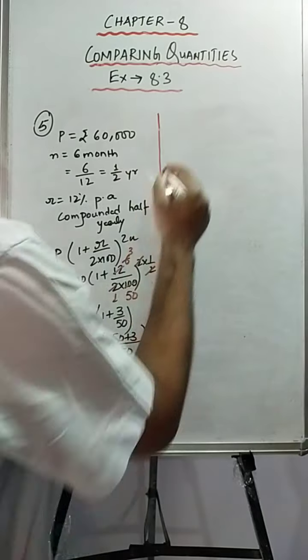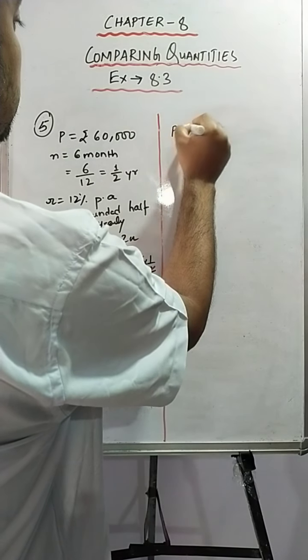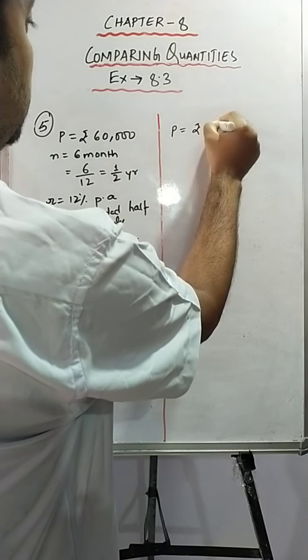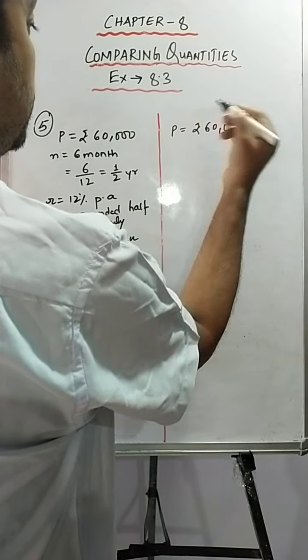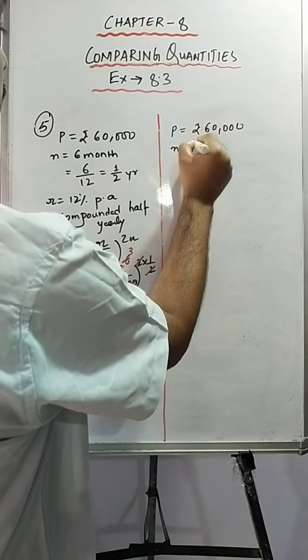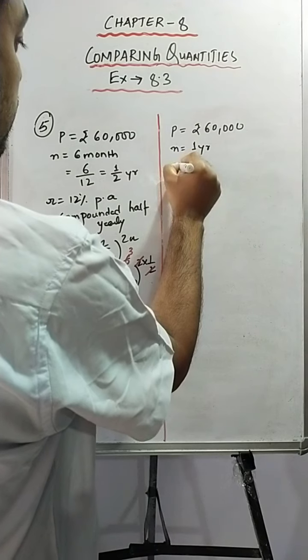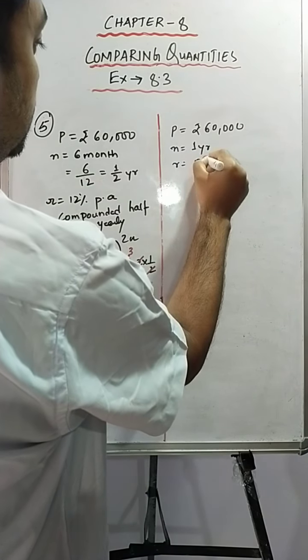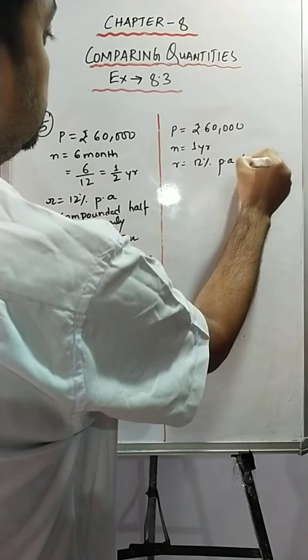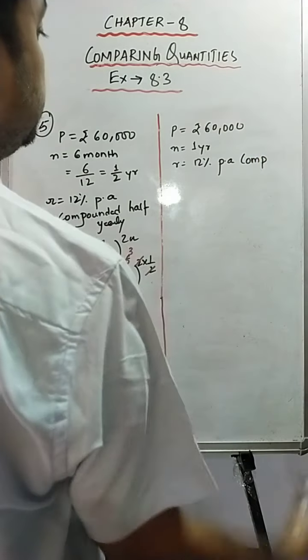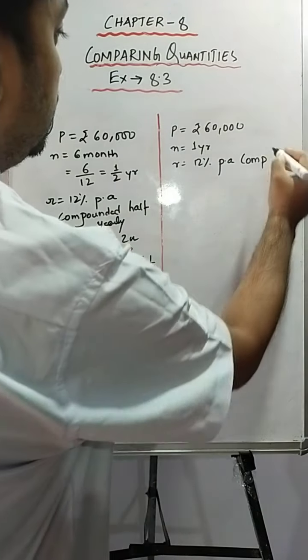Fine. So what if it is after 1 year? What would be the amount? So the principal amount will remain the same. Now this time n is 1 year. Rate is the same, students. That is 12% per annum compounded half yearly.